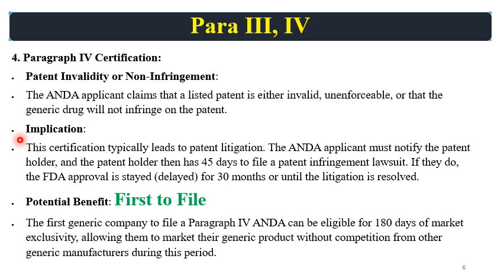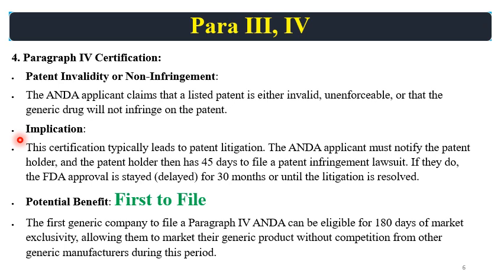But it is not that simple to get the first to file approval. It involves a lot of litigation, a lot of query response. Some studies are also needed to support your application.